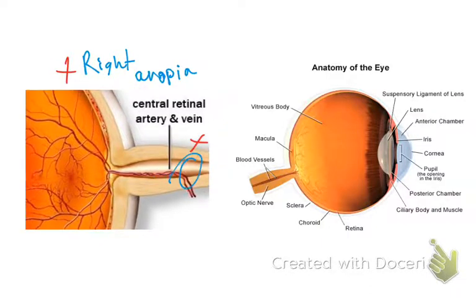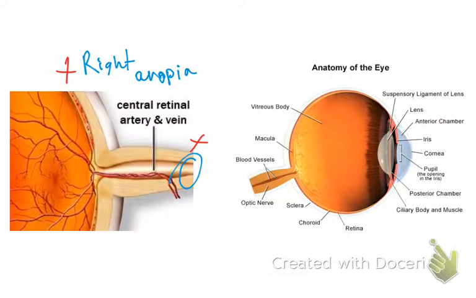Yeah, so remember, the lesion was here. This is the eye, the anatomy of the eye. So what we can learn about the anatomy of the eye.